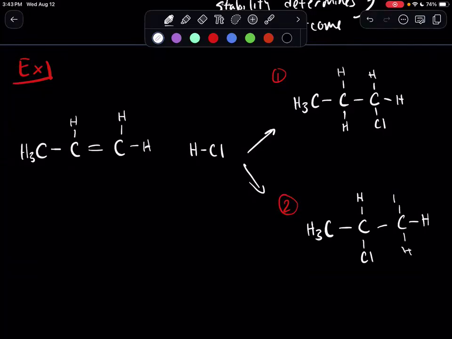Now I said secondary and primary because what I'm referring to is this carbon is secondary. It has two carbons around it. Well, this carbon is primary. It only has one carbon around it because we're going to be looking at, once again, the stability of the carbocation. So what this means is we actually have to look at the intermediates formed.